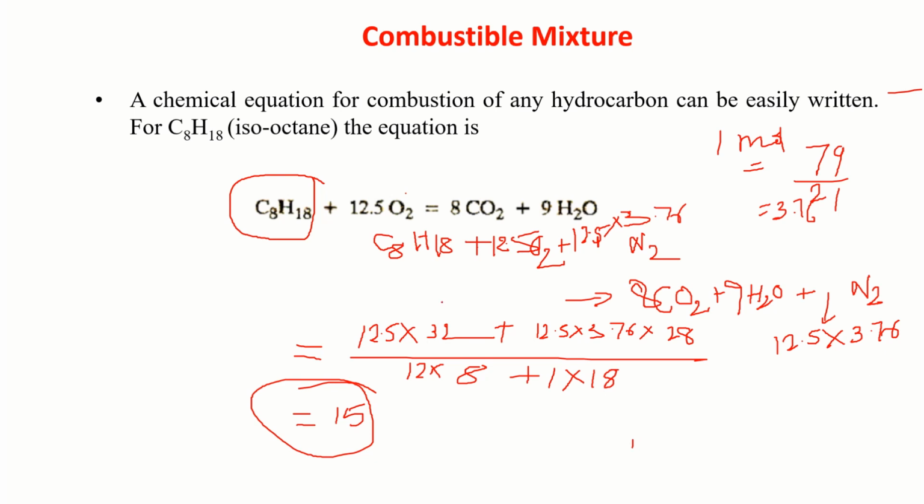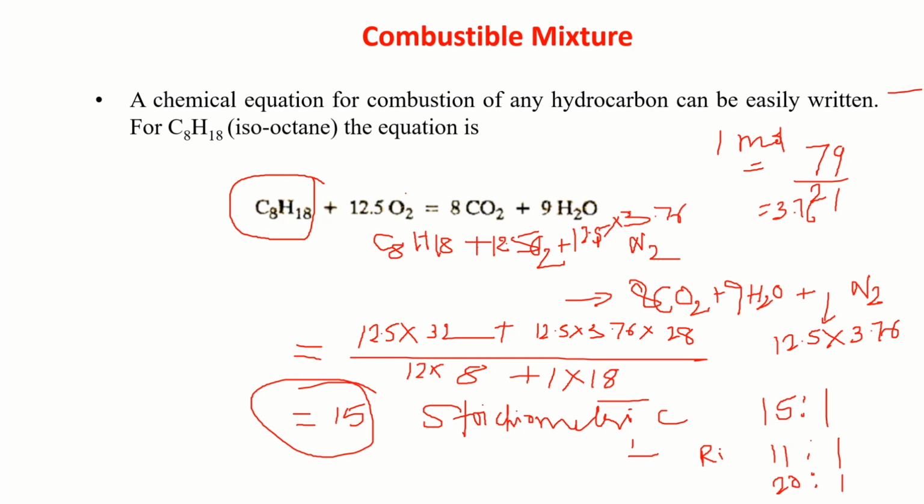This ratio, where the reaction is chemically completely balanced, you can call the stoichiometric air fuel ratio. So we say 15 air, 1 fuel. Suppose it is 11:1, it is rich. 20:1, then it is lean.